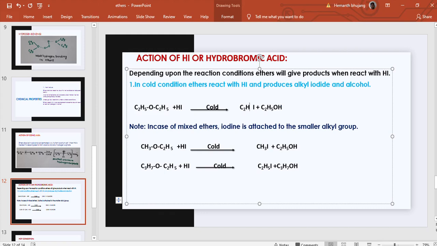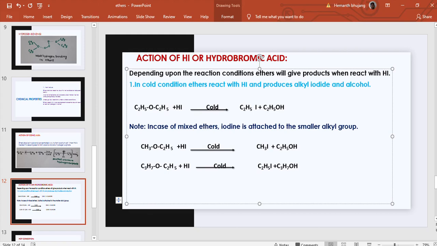When a mixed ether is present, here CH3O C2H5 we are taking. This is reacting with hydrogen iodide. Again the condition is the same, cold condition.